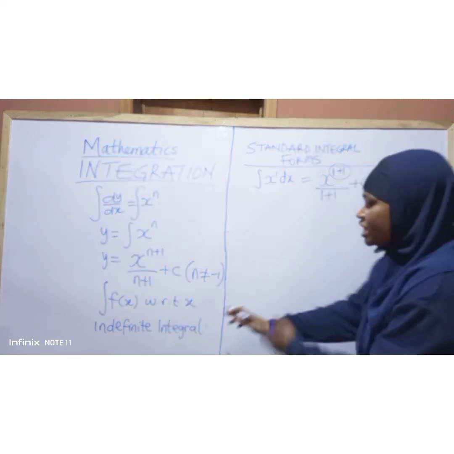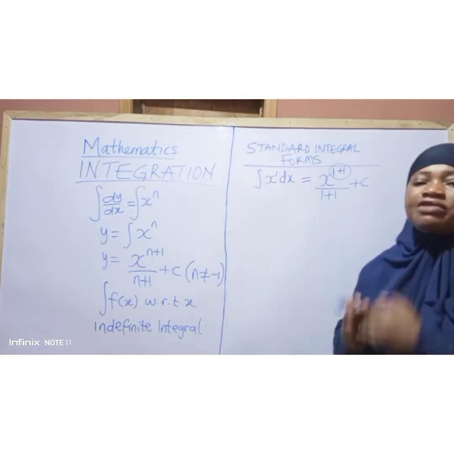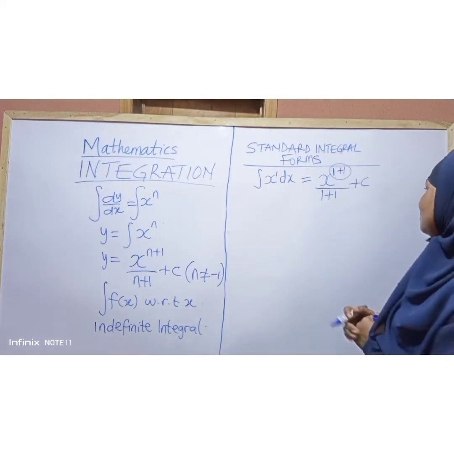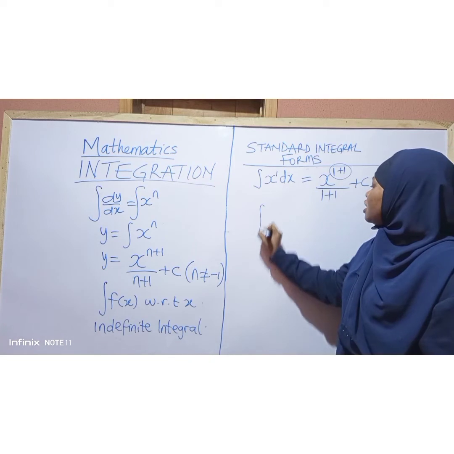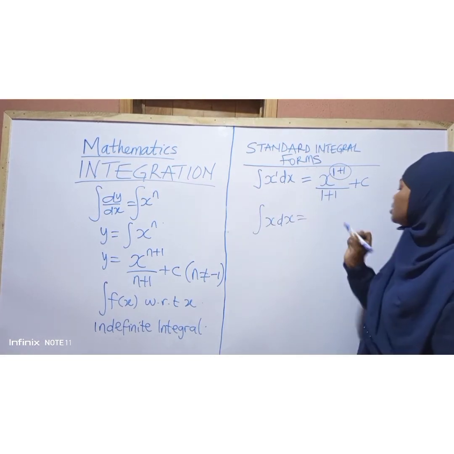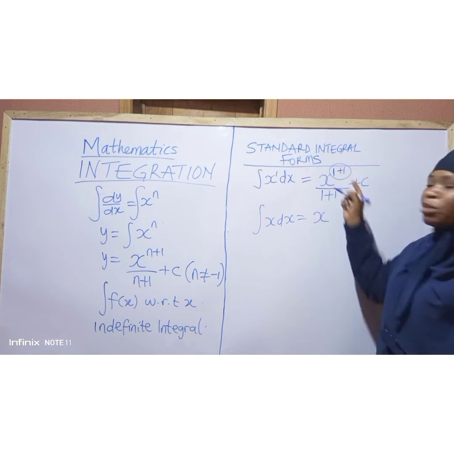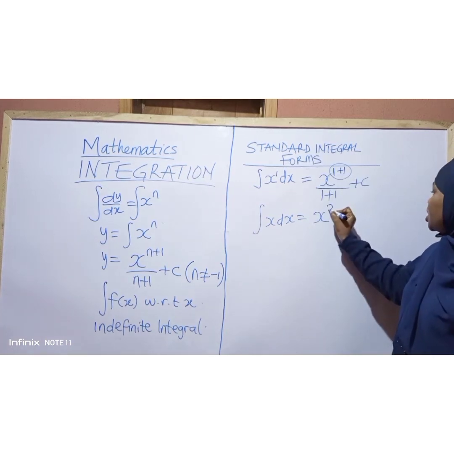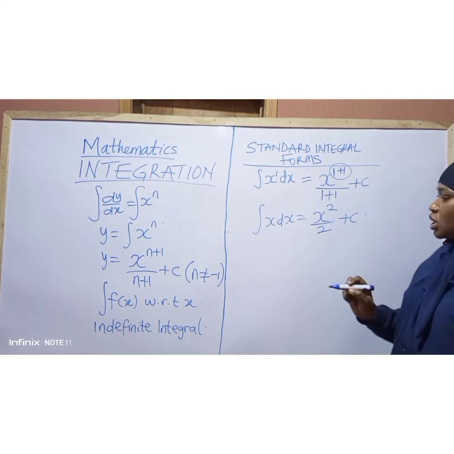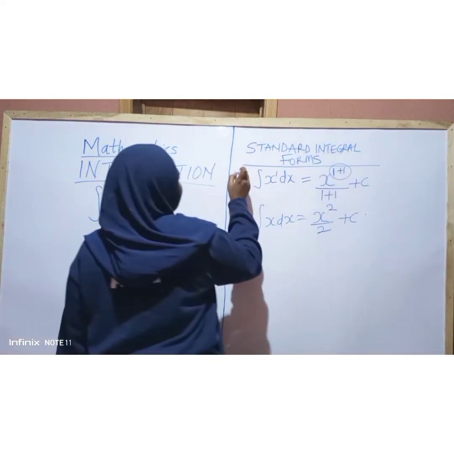For indefinite integral, plus c is very, very vital, very, very important. Don't forget it. Now, the integral of x dx is the same thing as x raised to the power of 2, then divided by 2, then plus c. So let's call this one number 1.